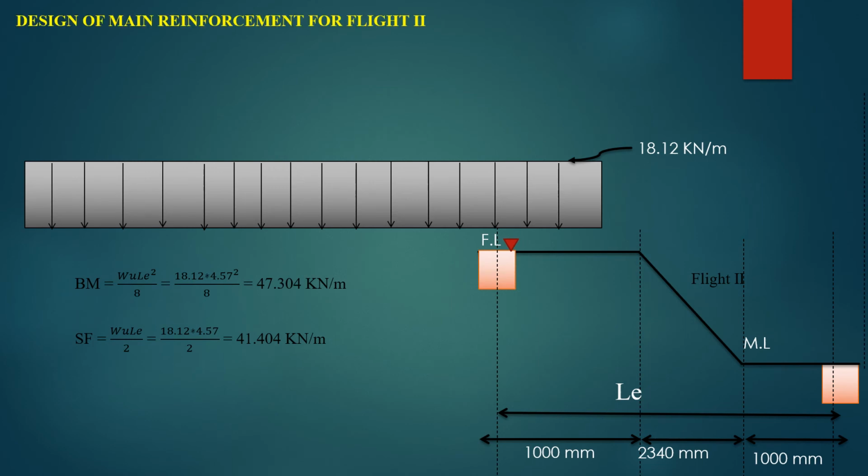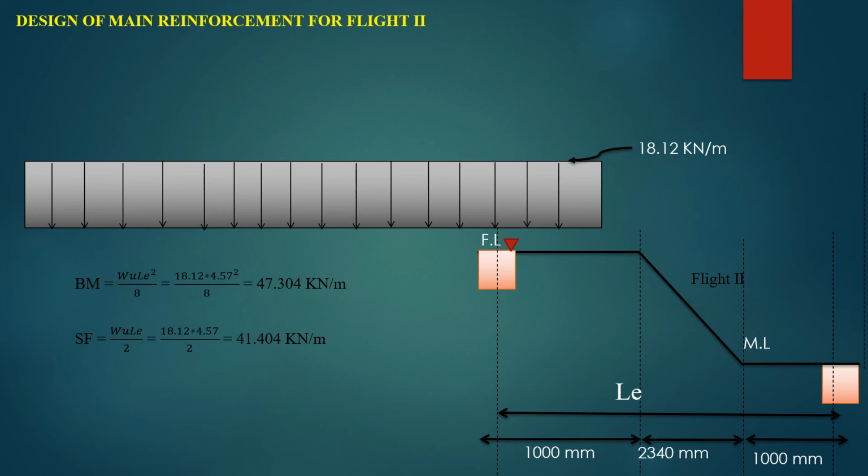Now as we calculated the main reinforcement for flight 1, similarly we are going to calculate the main reinforcement for flight 2. The only difference in this case is the effective length. In the previous one we saw that the effective length for flight 1 is the going plus the center to center distance of the beam at the mid landing, and at the GL there is the filling.